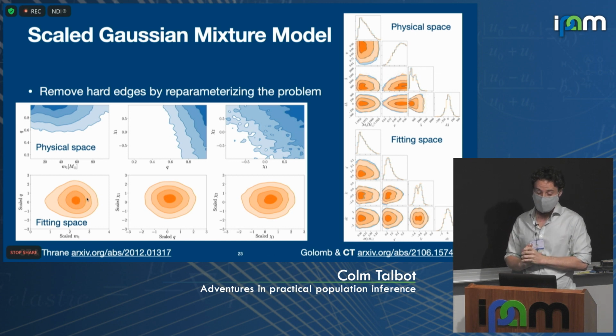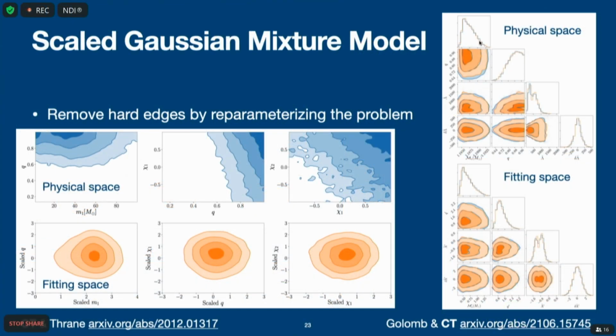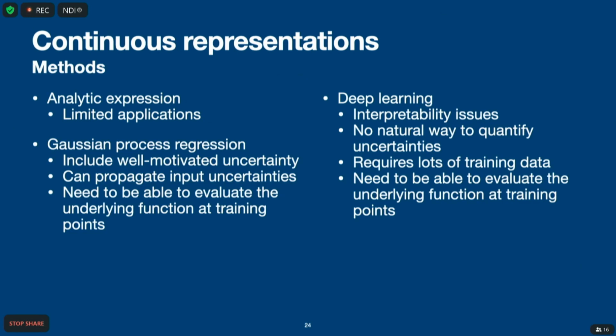We've used this for estimating sensitivities, and also, again, this is GW170817, and you can see again the blue samples, I believe, are the original ones, and the orange are the ones generated from the Gaussian mixture model in the physical and fitting space, and they agree quite well. They're giving good estimates of it.